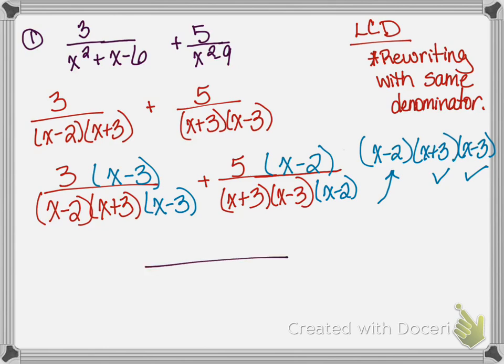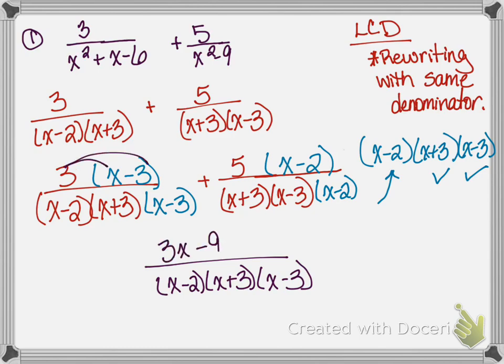So I have my denominator now as x minus 2 times x plus 3 times x minus 3. You can multiply that out if you want to. Most students do not. Now I'm going to distribute my 3. So I have 3x minus 9. Then I'm going to distribute my 5, and I have 5x minus 10. Okay, I have some like terms.